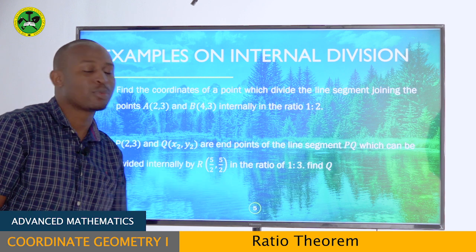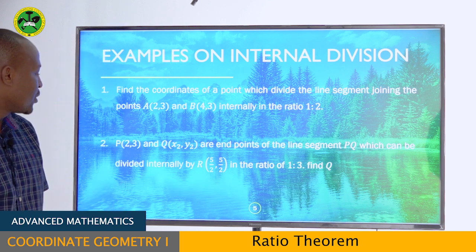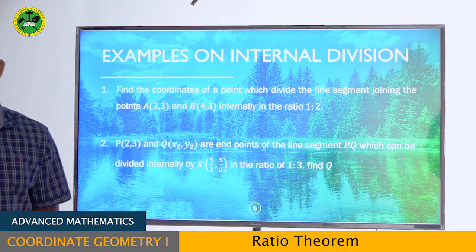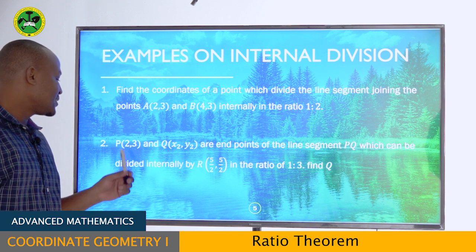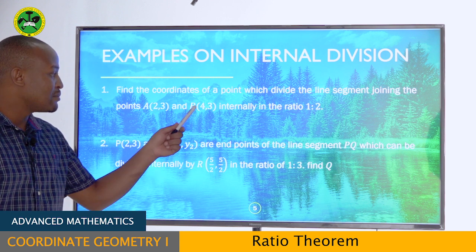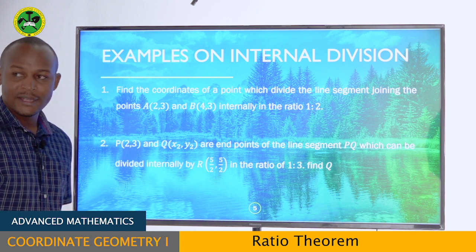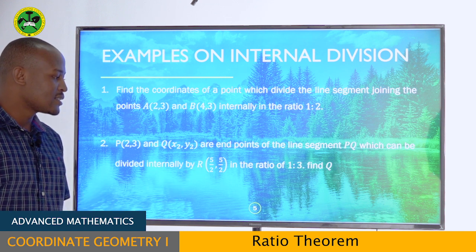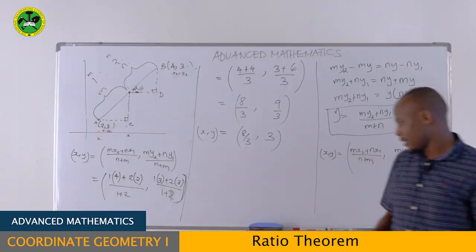We are told to find point Q. If we connect this to the example above, P is like the A that we were given there, Q is like B, and R is like the P that we were looking for. So we can do this fairly easily.